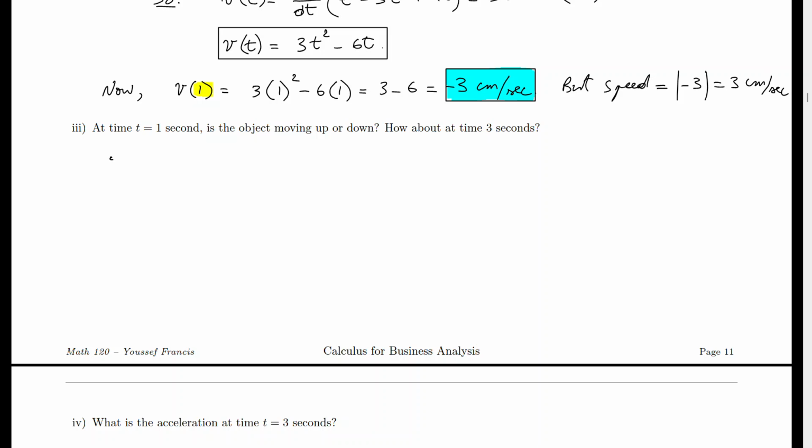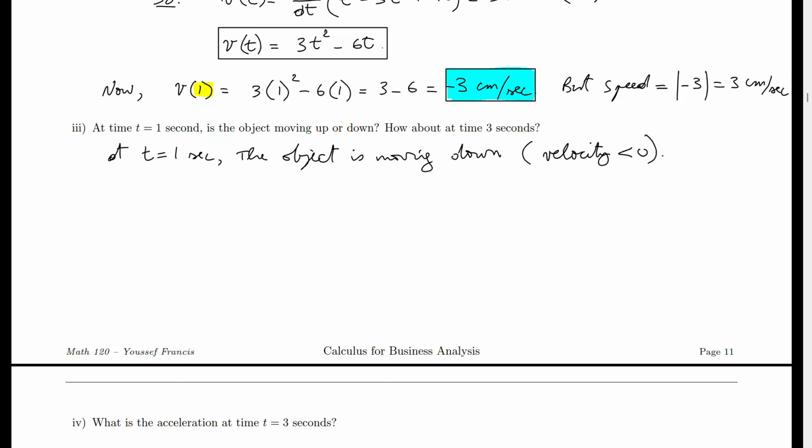So first, at time t equal to 1 second, the object is moving down. And that's because the velocity is a negative amount. So I'm going to write smaller than 0. That means that the velocity is negative. Now that answers the first part of the problem.